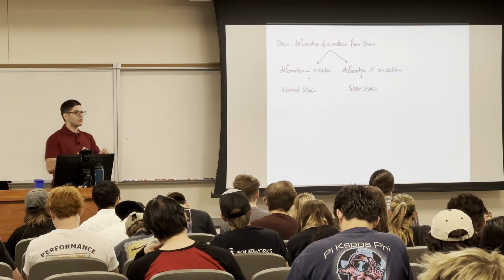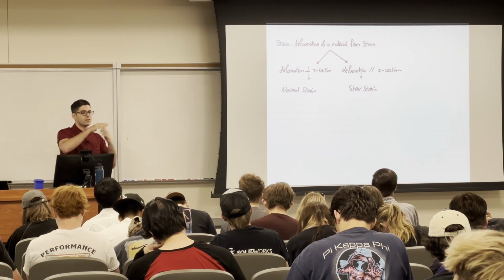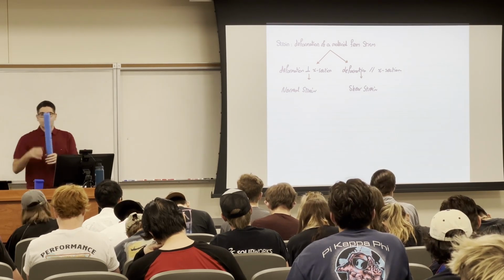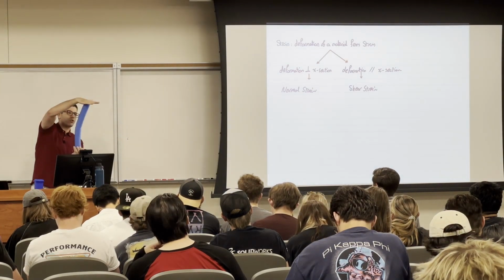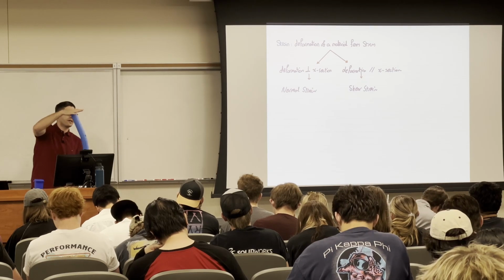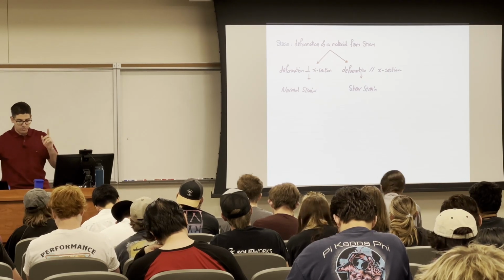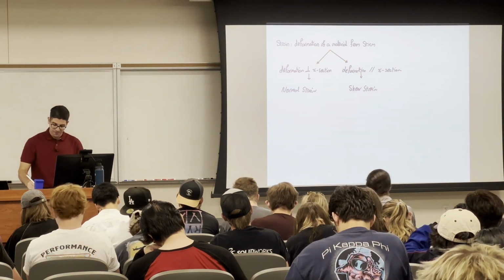So we either have normal strain or a strain that is parallel to the cross section, which moves in the form of a sway or anything like that. That deformation we call shear strain, and we're going to explain it in more detail at the end of this lecture.